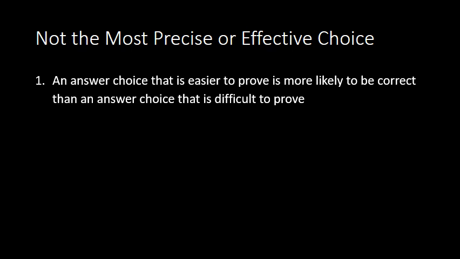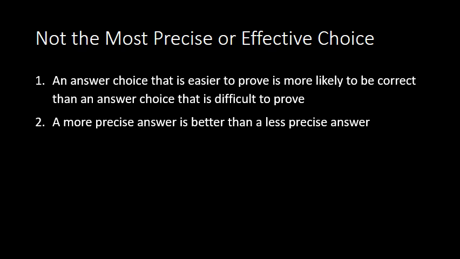So if you have an answer choice that speaks to showing intent, to showing causation, it's probably not the best answer choice if another answer choice speaks towards damages. Secondly, a more precise answer is better than a less precise answer. Usually the answer choice with more correct information is more likely to be correct.